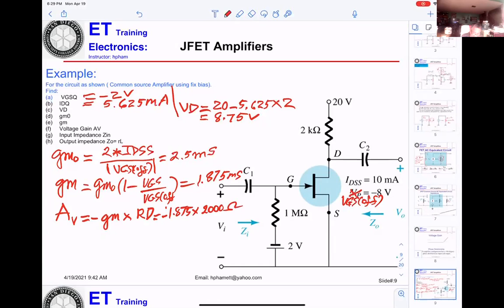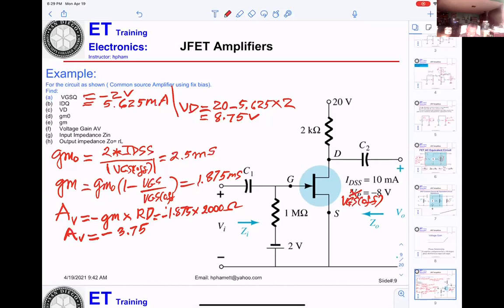So what AV do you get? 3.75, minus 3.75. That's what I got. Times 1,000?